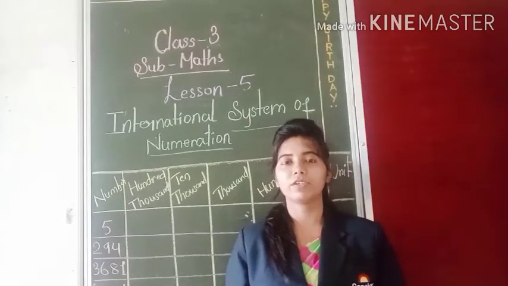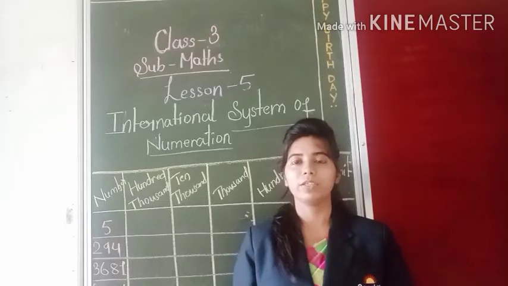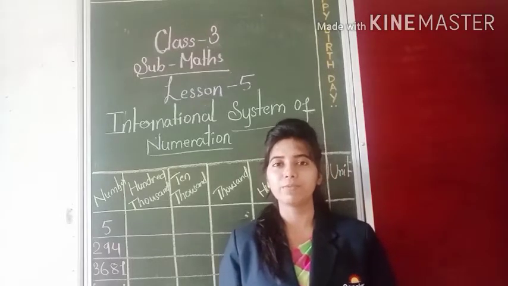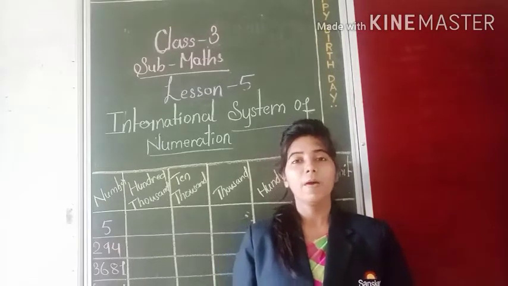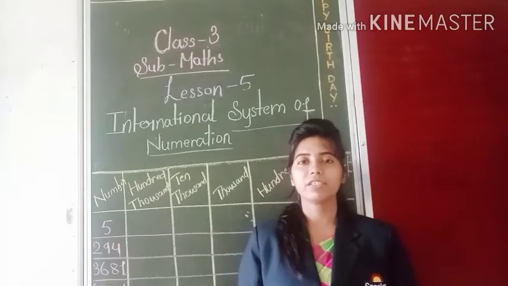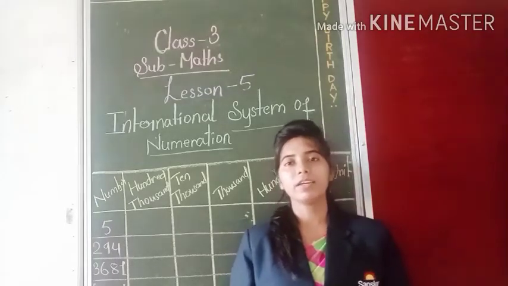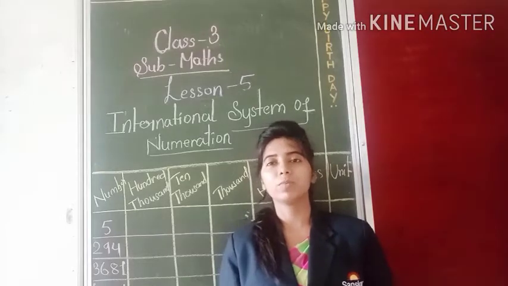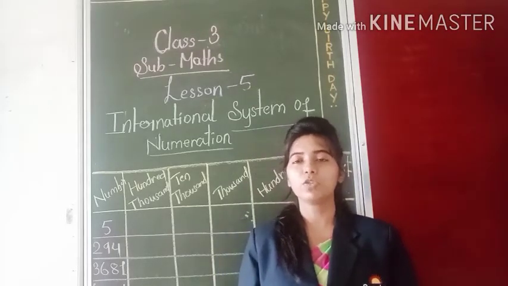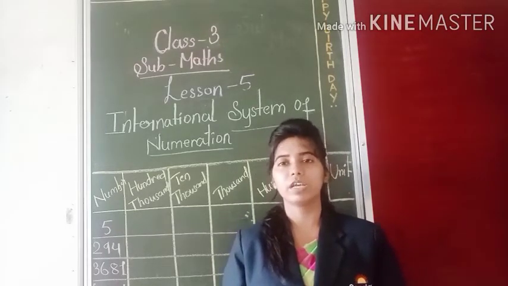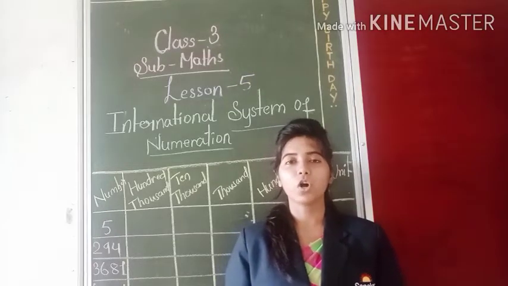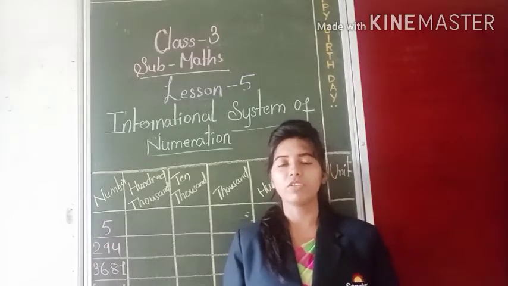In the international system, numeration also uses the digits 0, 1, 2, 3, 4, 5, 6, 7, 8, 9. In Bharatiya Ganna Pranali and the international system, both use the same numbers. But what's the difference? The difference is in the place value, the places.